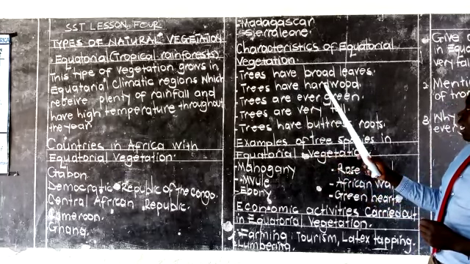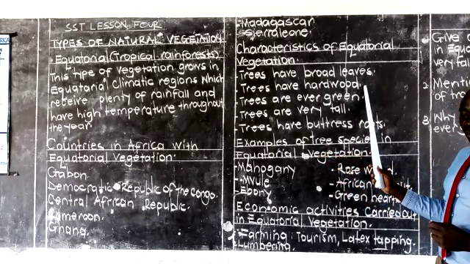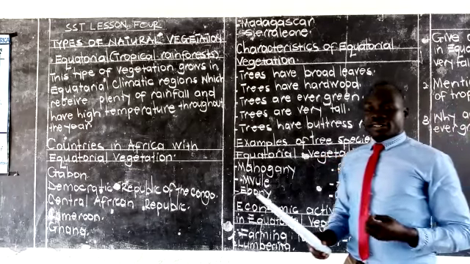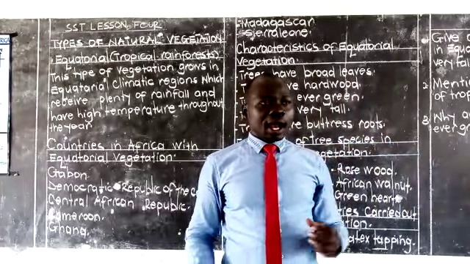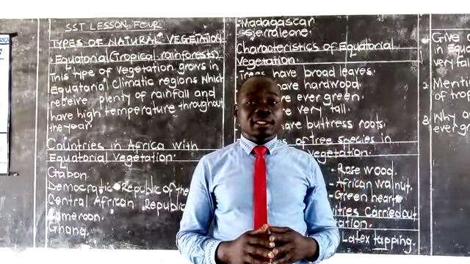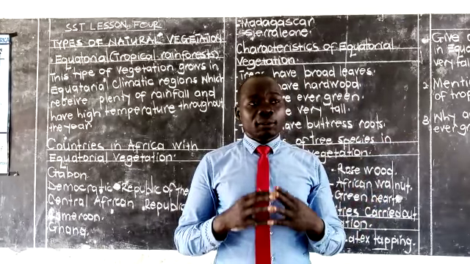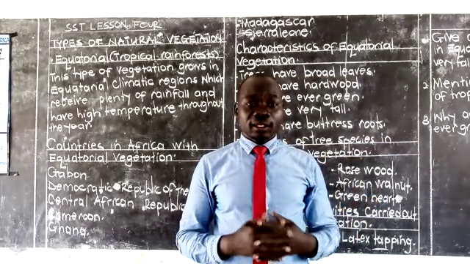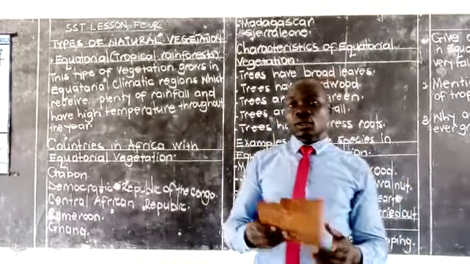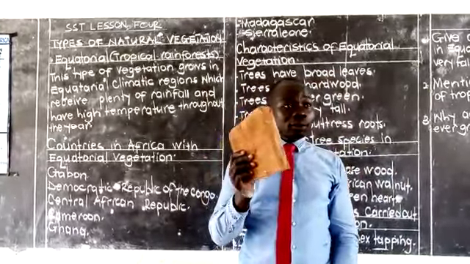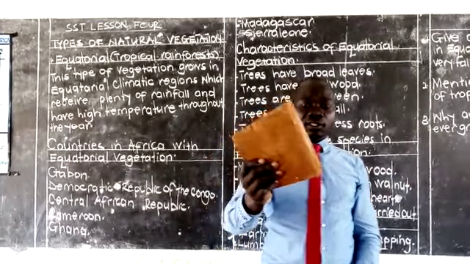We mentioned yesterday some tree species that are found in natural vegetation. And one of their characteristics is that they produce hard wood.